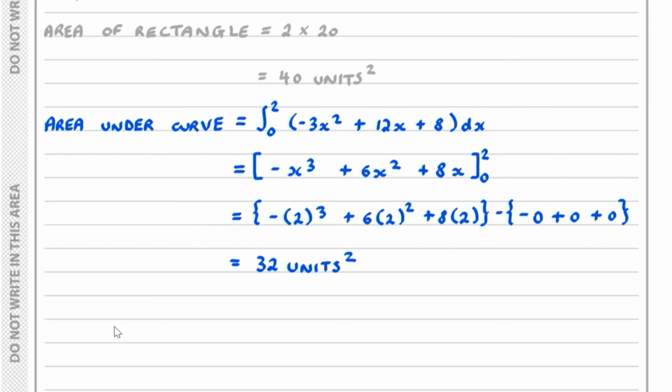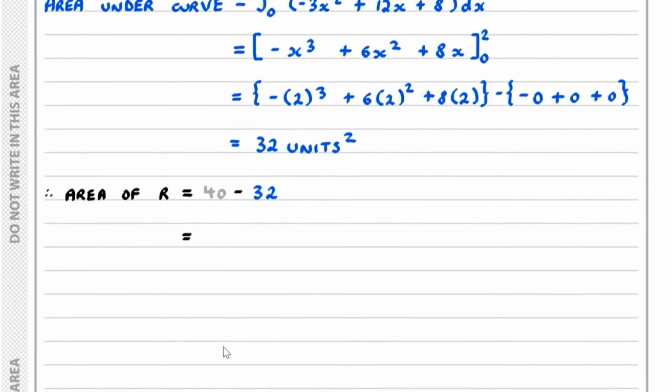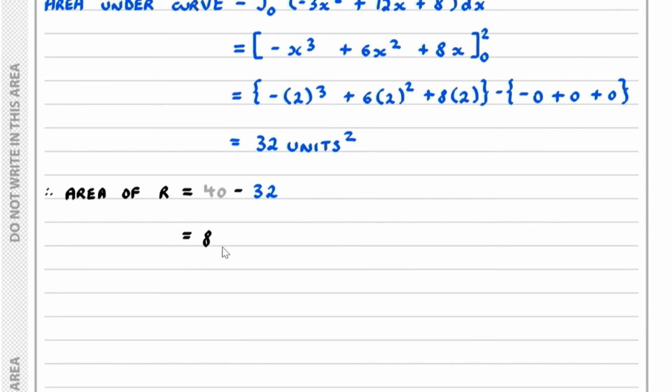And so, therefore, the area of R is equal to 40 minus 32. It turns out the area of R is equal to 8 units squared.